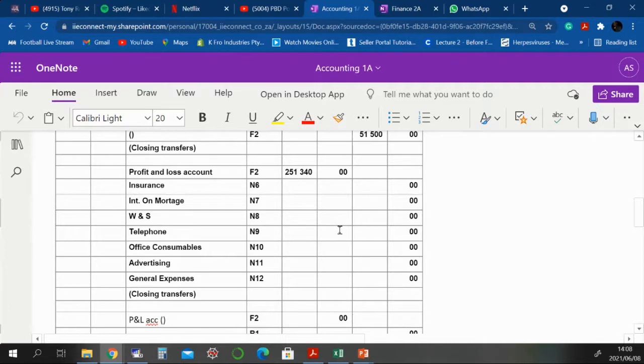We have seen that the balances of the nominal account section all become zero when doing the closing transfers at year end. Why do you think it is necessary for these balances to become nil? Okay, so we spoke to this when we went over the slides. We want them to become nil because we want to start afresh, all right? And we obviously want to assess what was our performance for the year.